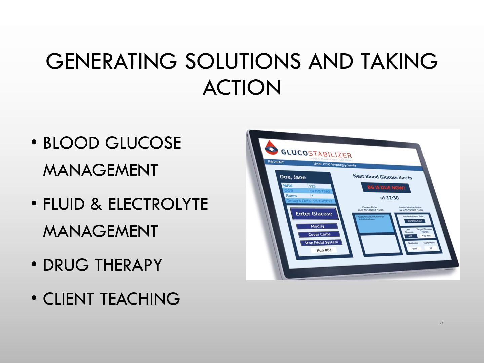So let's generate some solutions and start taking action. It will require blood glucose management. That blood glucose management is going to require obtaining blood glucose levels frequently until stable. We need to assess the airway, the level of consciousness, the hydration status, electrolytes, and blood glucose levels.